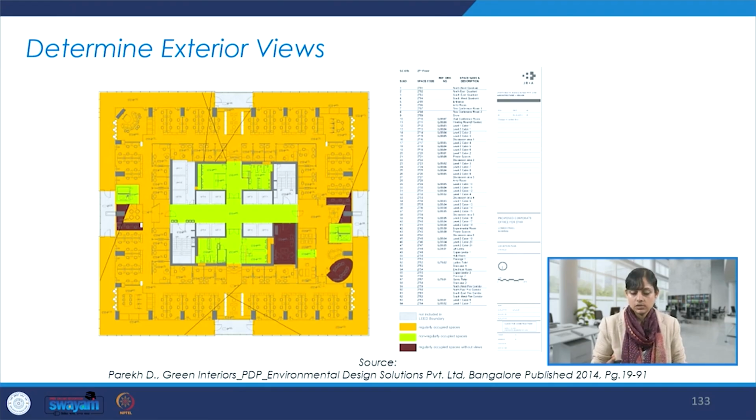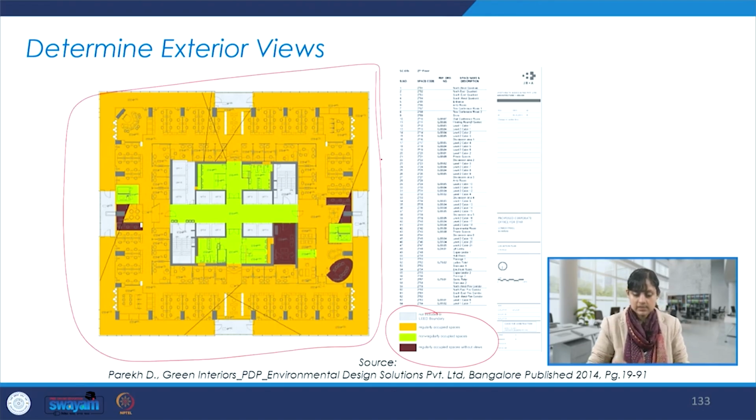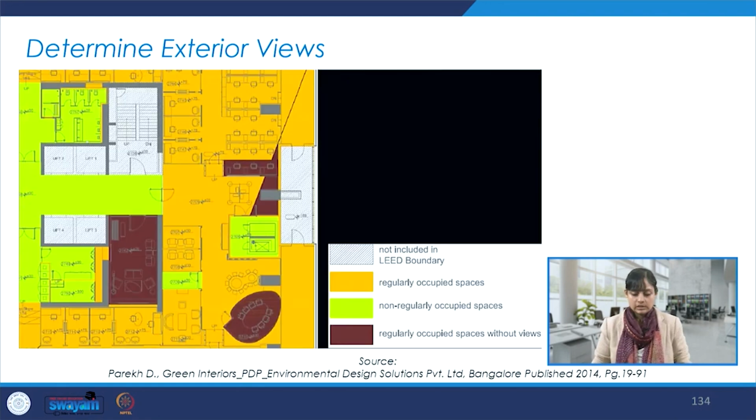Determining exterior views. So there is this index that has been created to help us understand what all spaces come within the LEED boundary and the ones which do not fall under it. Let me try to show a zoom in picture. So this is the zoom in picture, and this hatch portion here is basically what is not included in the LEED boundary, when we do calculations for calculating the credits or the points associated with our project when we are trying to get designation for it as green interiors.